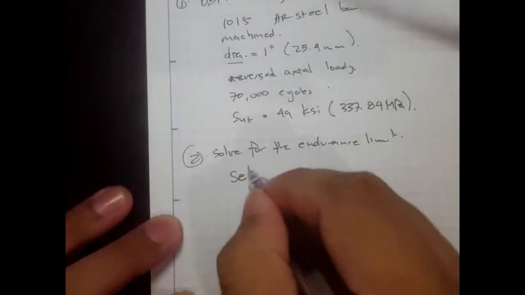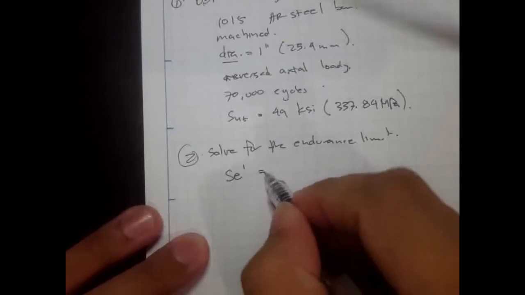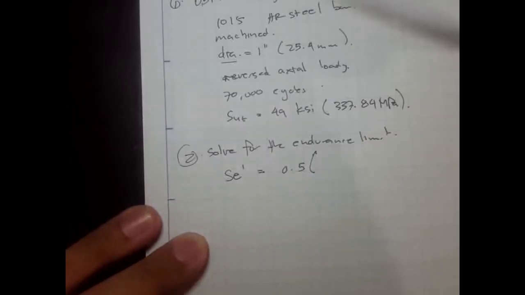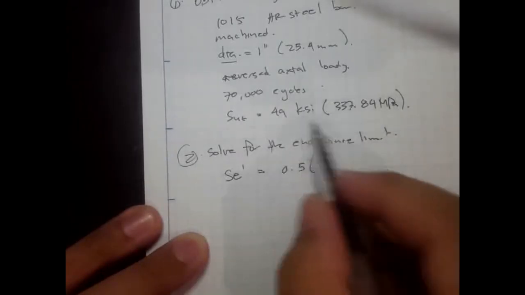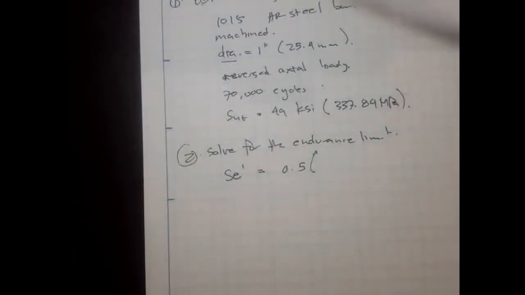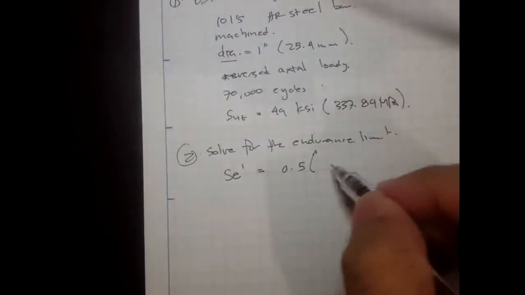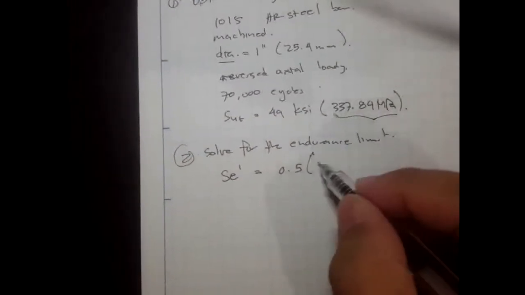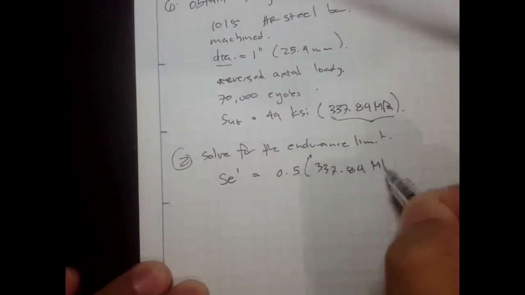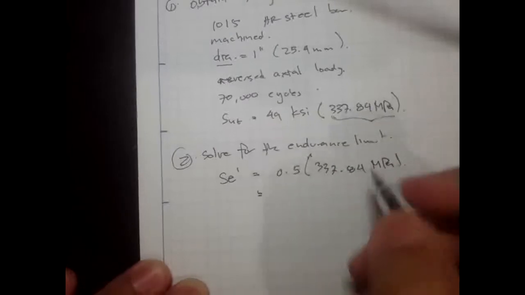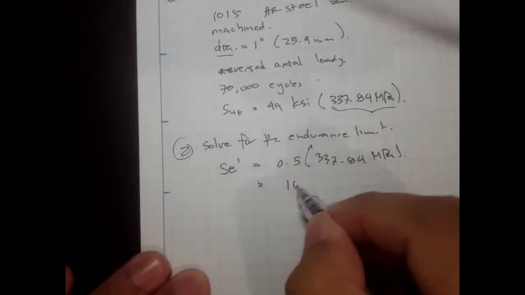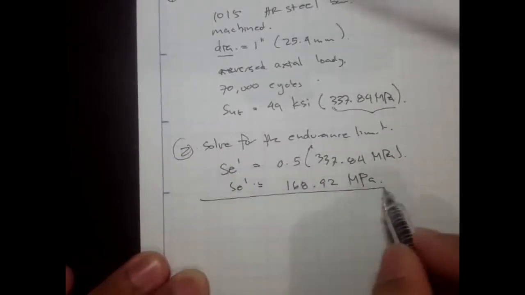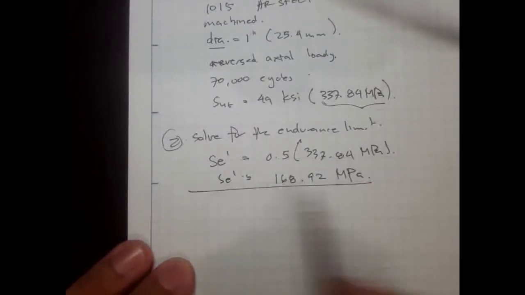Right, so Se prime is equal to 0.5 times the SUT, and I think we'll just use the megapascals, so 337.84 megapascals, and what we get here is a value of 168.92 megapascals. Right, so here's our theoretical endurance limit.